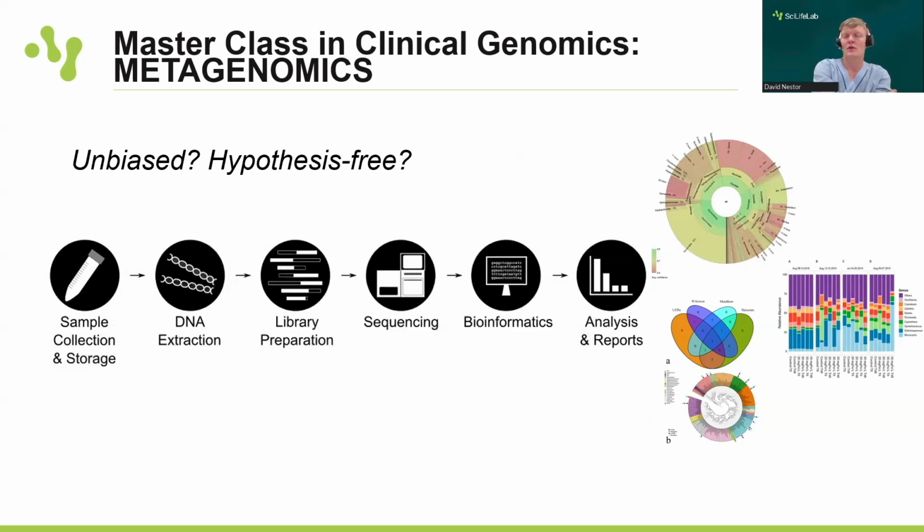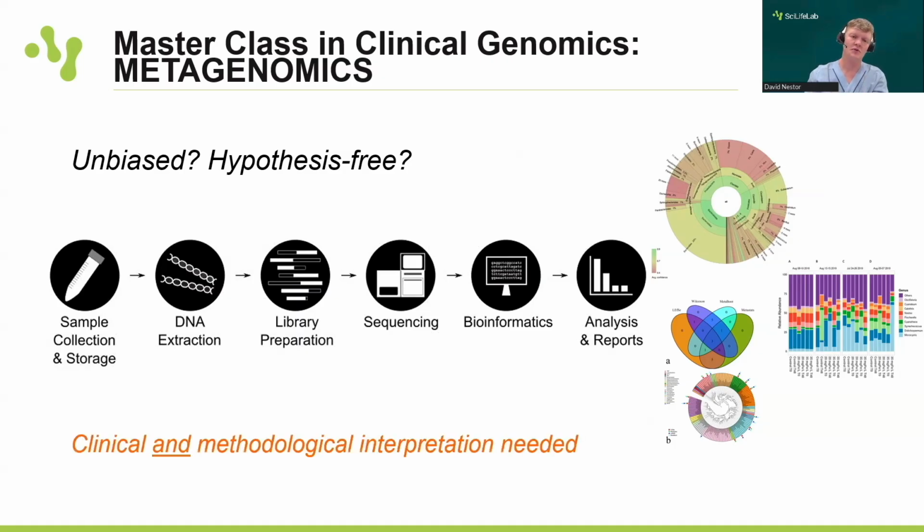We all know also that this metagenomic workflow is very complicated. We have many different steps with DNA extraction, library preparation, sequencing, and so on. Rather than saying it is unbiased, you should think of it as biased in many different ways, in very complicated ways that can be difficult to interpret.